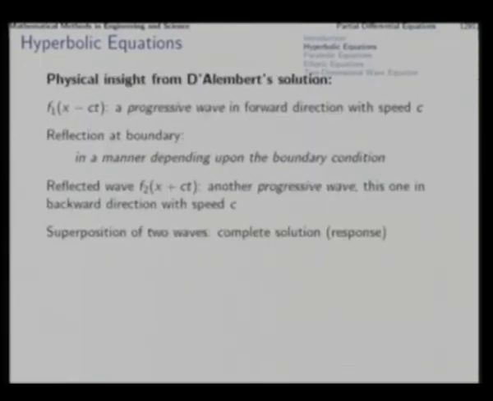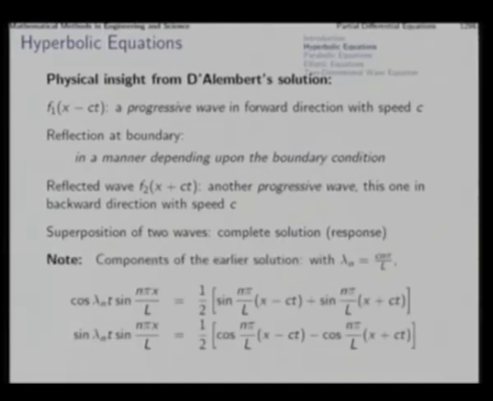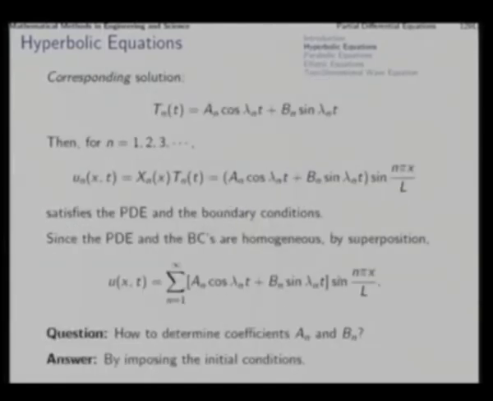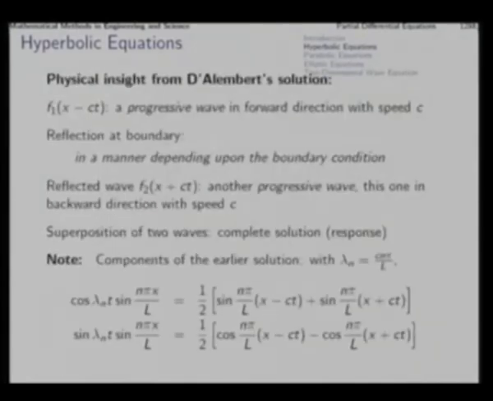Further, if you consider the components of the solution that we found earlier, here you find that one component is cos lambda t sin n pi x by L, the other is sin lambda t sin n pi x by L. If you consider this cos lambda t sin n pi x by L and sin lambda t into sin n pi x by L, then if you put a 2 here, and for that we have put another extra half here.